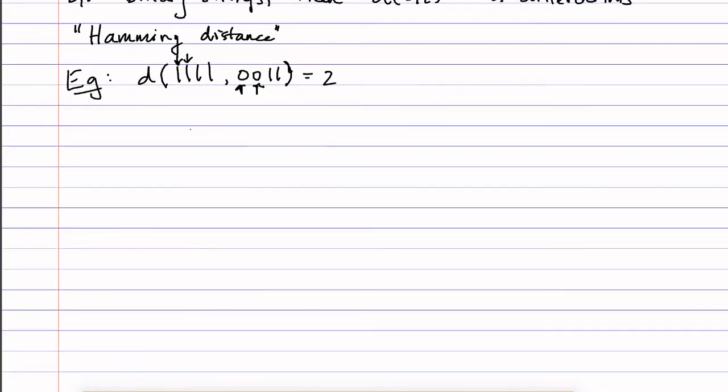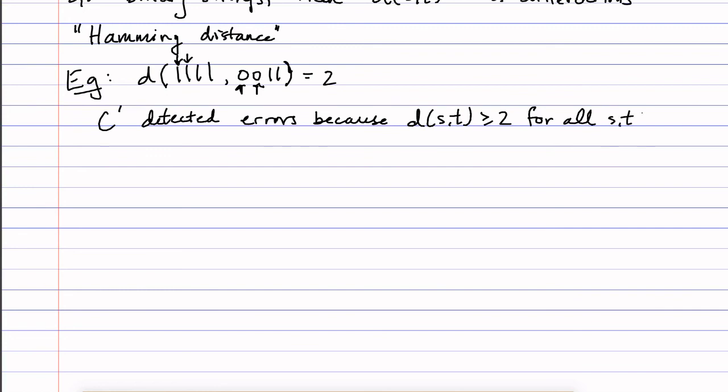Okay, now the reason that C prime was able to detect errors in our previous example was because it took 2 changes to get from one word to another. So C prime detected errors. The way we would write this in our new notation would be because d(s,t) is bigger than or equal to 2 for all s and t in the code C prime.